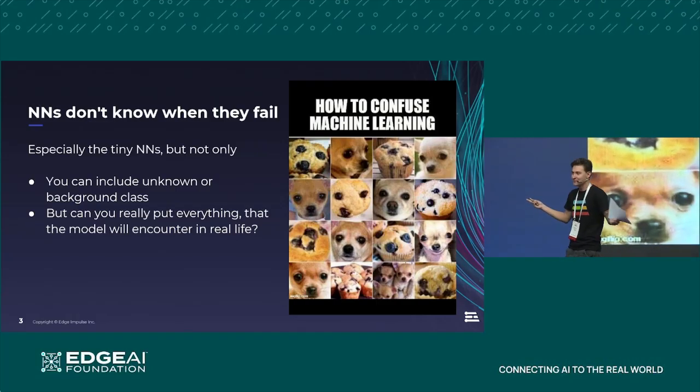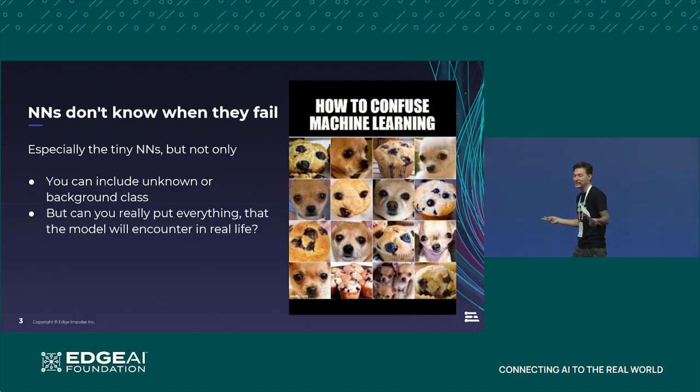Okay, problem solved. Which is, of course, not true. You can be a smart machine learning engineer, and probably will be, so you're going to add something like an unknown or background class. But the thing is, when you develop your machine learning model, you'll be like, okay, so I have cats, dogs, what else? Table, a sofa, but will you put muffins in your data set? Nah, maybe yes, maybe no.